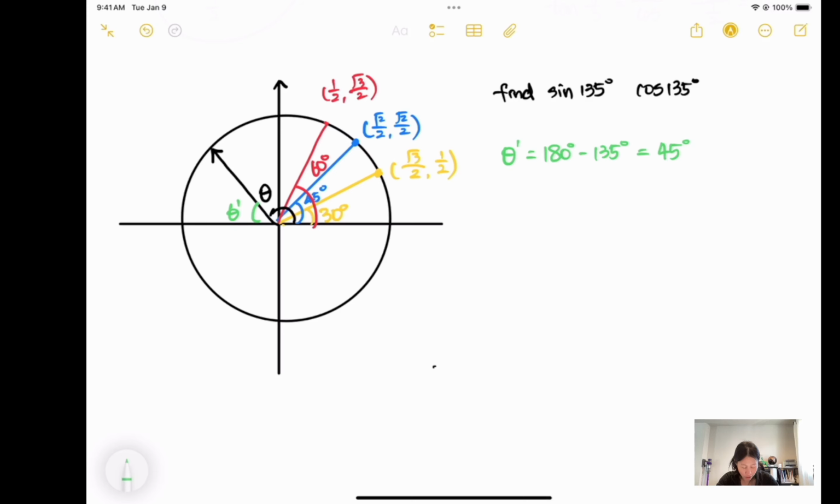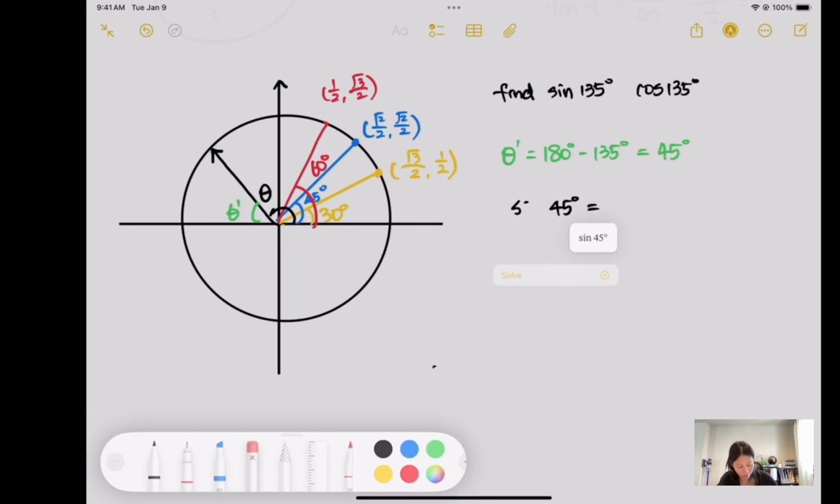So now let's take a look. Sine 45 degrees, look at the blue one. I'm going to use the blue color because we have it labeled in blue.